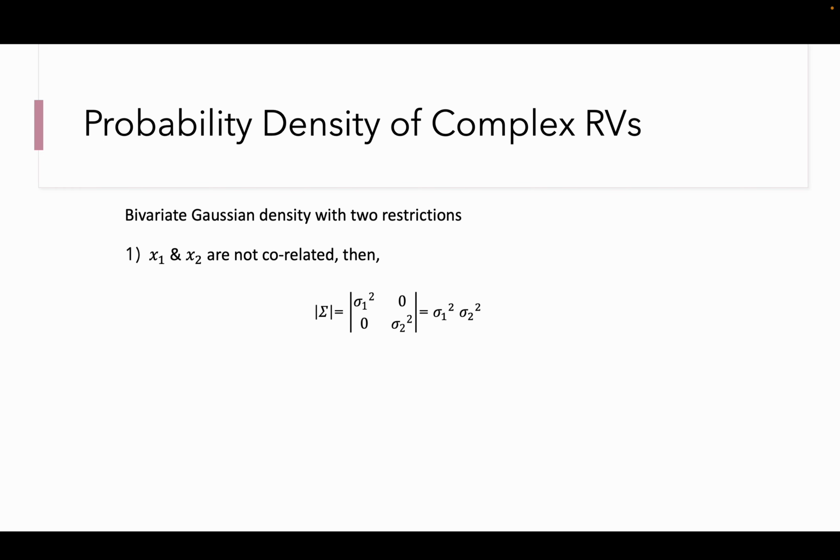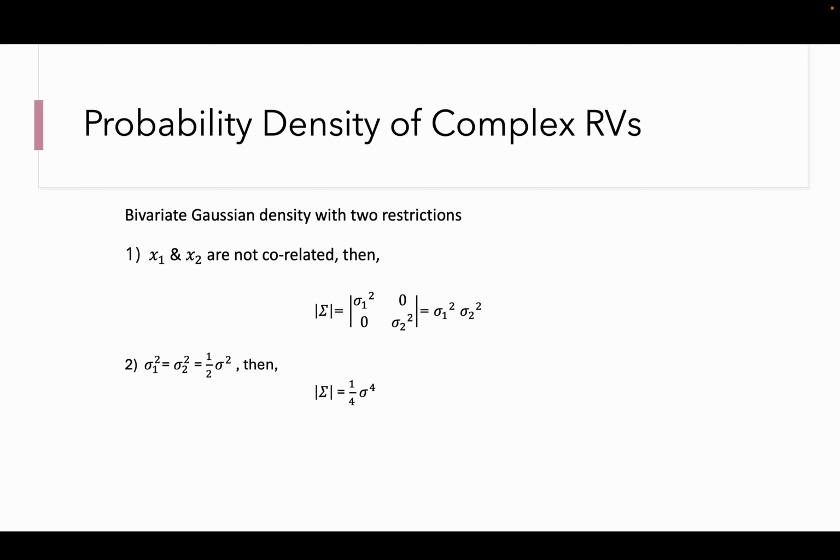Restriction number 1: if x1 and x2 are not correlated, then the determinant of the covariance matrix comes down to sigma 1 square times sigma 2 square. The top right corner and the bottom left corner of the covariance matrix come down to 0, as the correlation coefficient is 0.